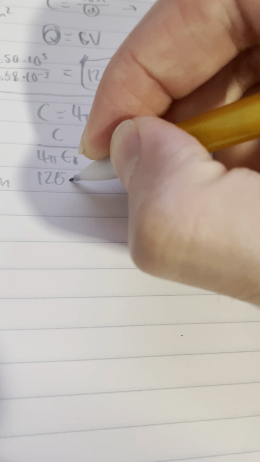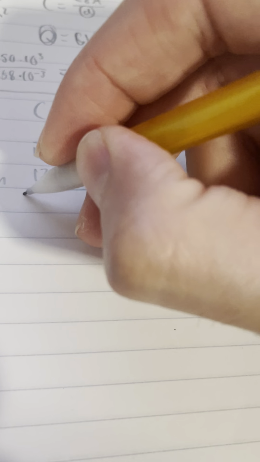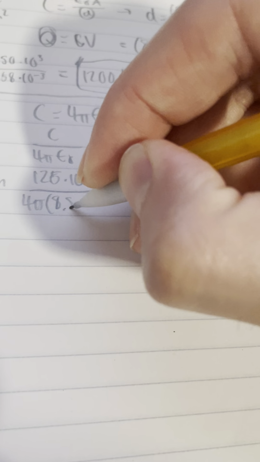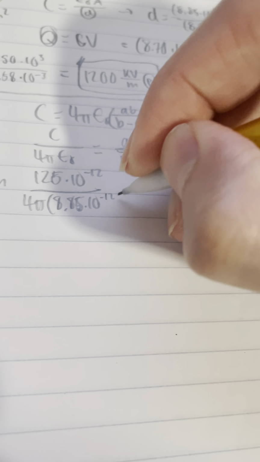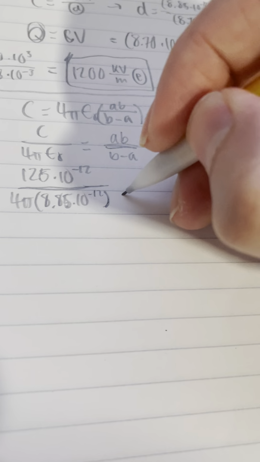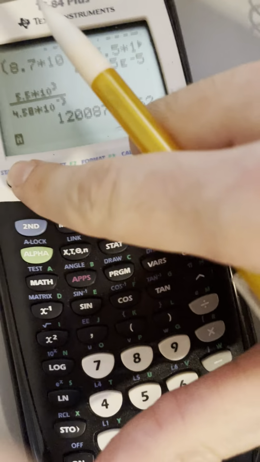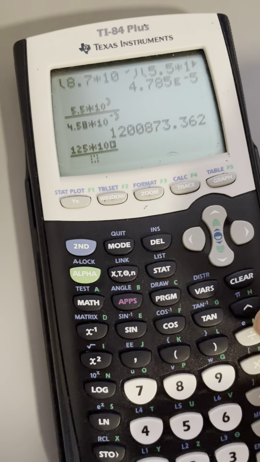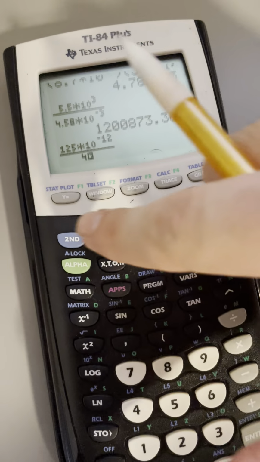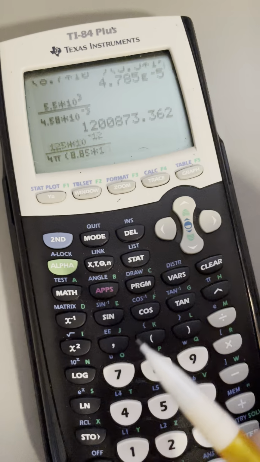And then we can start plugging in values. So we have C, that is 125, I'll convert that just to SI, times 10 to the negative 12, divided by 4 pi, electrostatic constant 8.85 times 10 to the negative 12, equals, again, AB divided by B minus A. So let's simplify this. 125 times 10 to the negative 12th divided by 4 pi times 8.85 times 10 to the negative 12th.